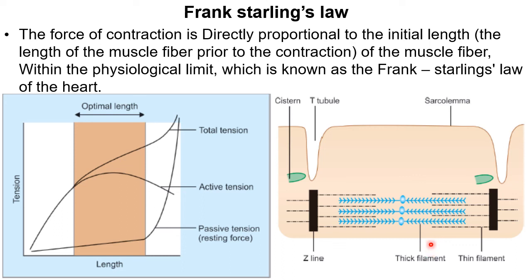If more blood is returned, it pumps in a better way. If less blood is returned, less blood is pumped, and less tension is developed in the cardiac myocyte. So that's all about Frank-Starling law.